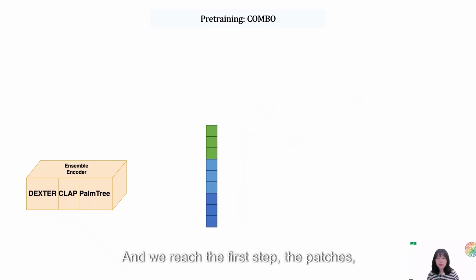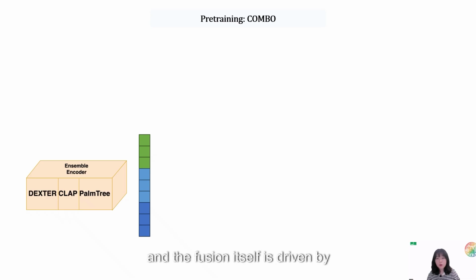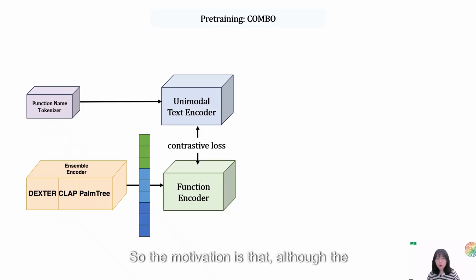And the fusion itself is driven by contrastive learning. The motivation is that, although the three forms describe the same function, their embeddings are not naturally aligned. So we address this by aligning patches with tokenized function name labels in a shared latent space by contrastive loss.